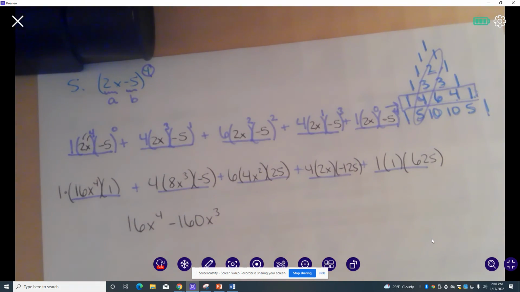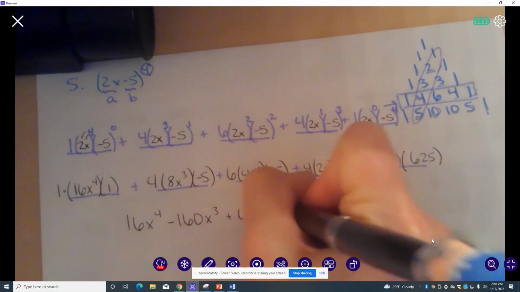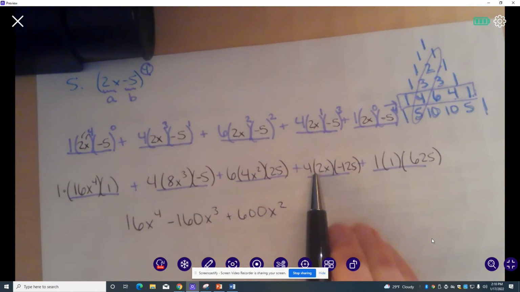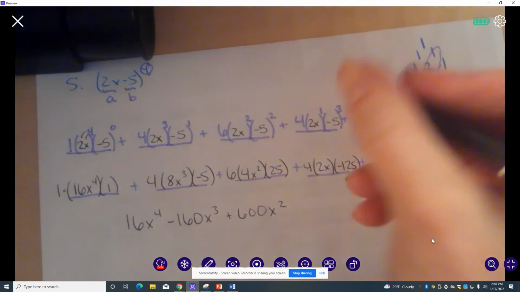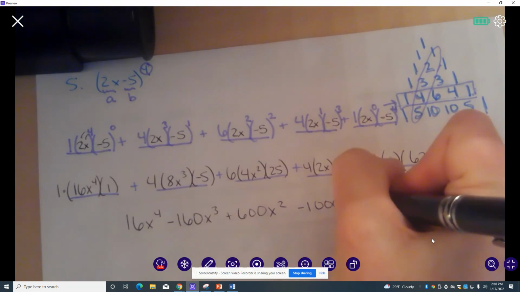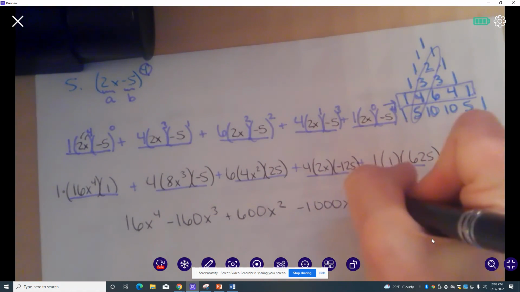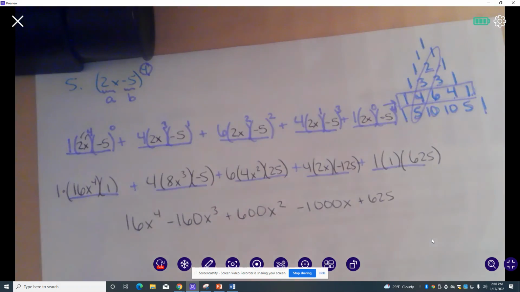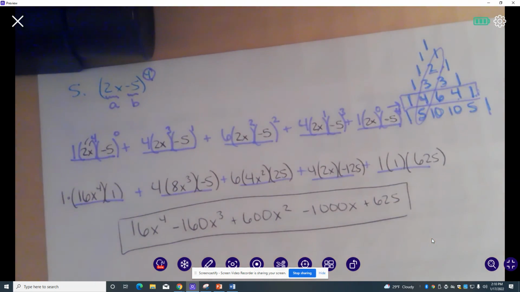So 6 times 4 times 25 is 600. 4 times 2 times negative 125 is negative 1,000. And then 1 times 1 times 625 is 625. And so that's my final answer in expanded form.